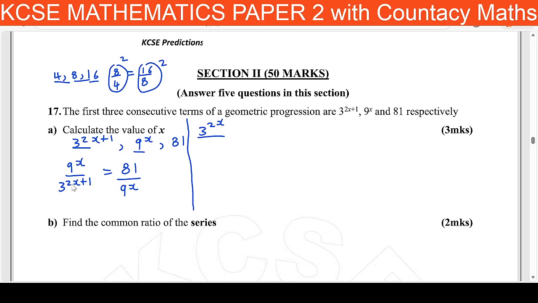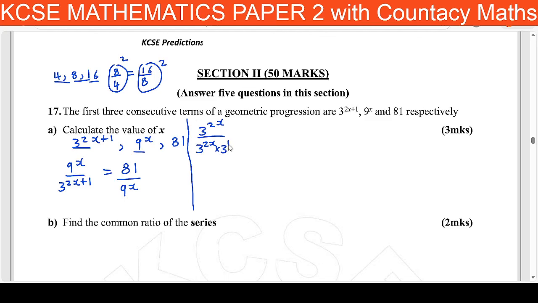We go to the other case, we have this one. This is amazing because it's reminding us of some concepts about indices, and that is 3 to power 2x plus 1 is equivalent to 3 to power 2x multiplied by 3 to power 1.